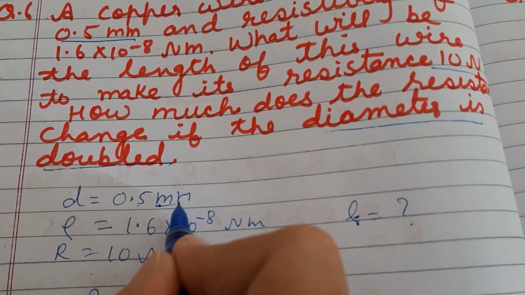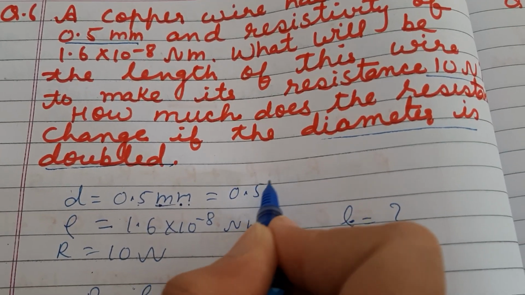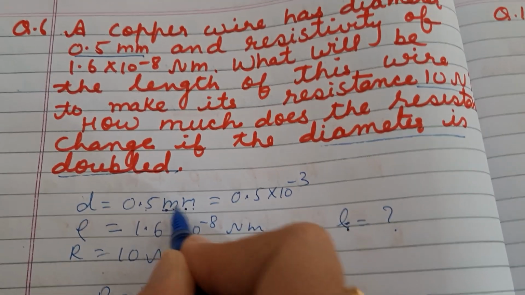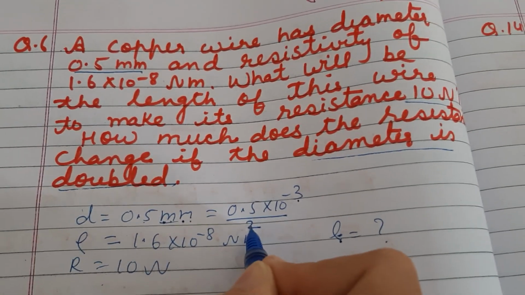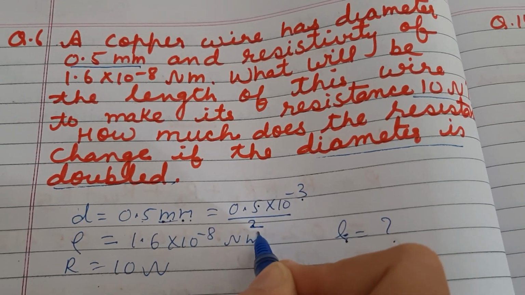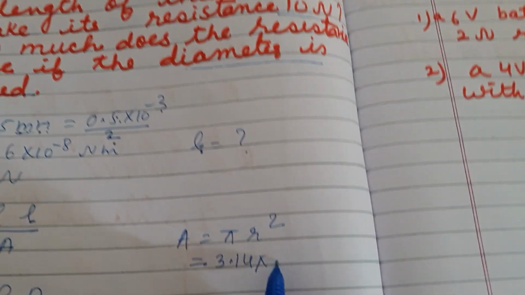So it is given in millimeter, so we have to convert it into meter. So 0.5 into 10 raised to power minus 3, millimeter in meter we will convert, divided by 2 because this is diameter and we have to write the radius. So this value I will substitute here.